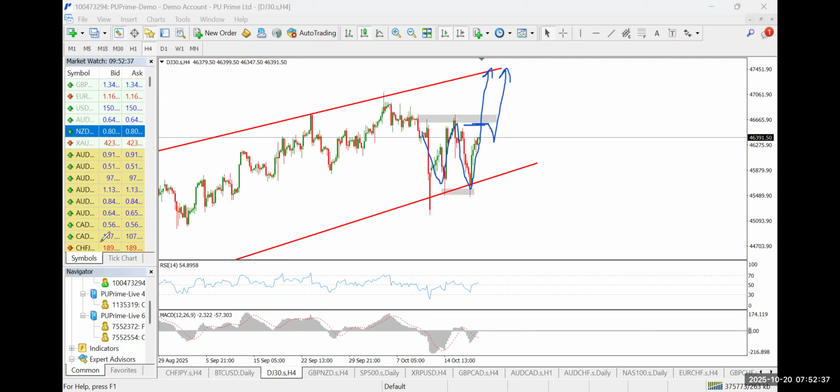Except if there's a strong move that literally breaks this place up. Fine. If that happens, you may trigger a buy. But if the volatility is not strong, we'll experience a retracement before they move upward. So that's why I'm looking at a short-term sell before anything again in the market.